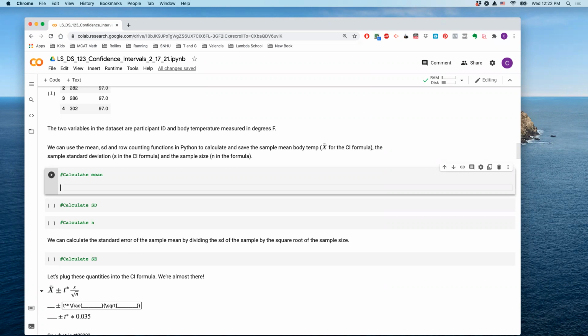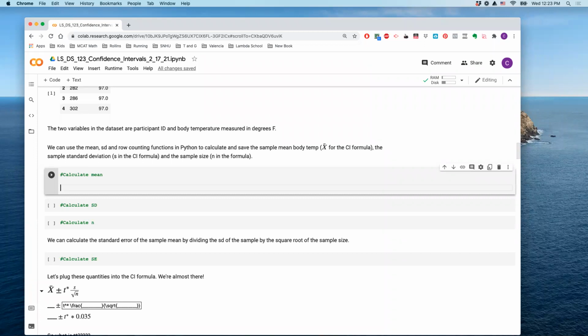You might want to, or have to, show that your sample size is big enough to have a confidence interval that small. Or you might want to say, I need this result to this precision, what sample size do I need for that? So yes, that's definitely an important thing. All right, hopefully that answered your question, Andrew.